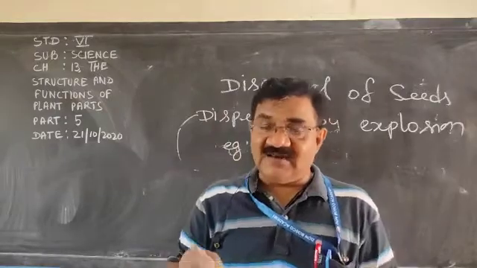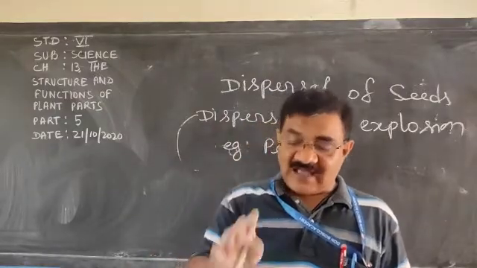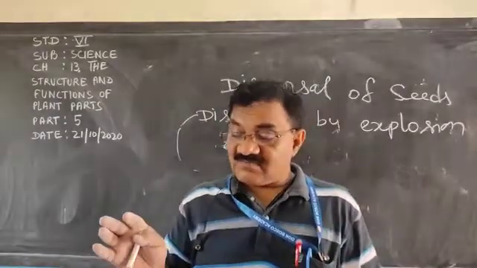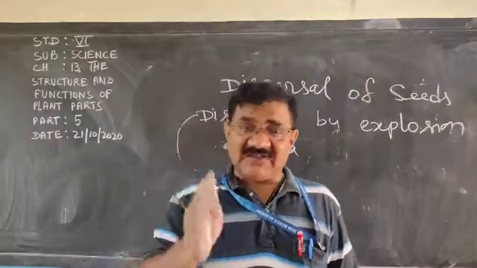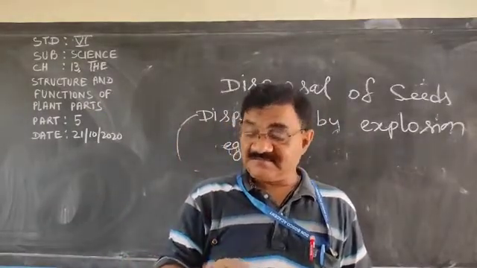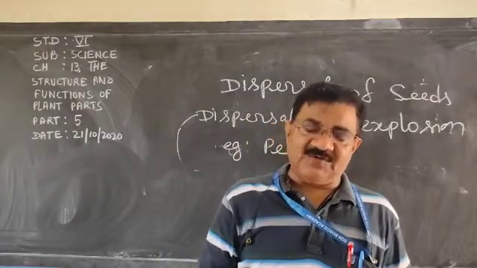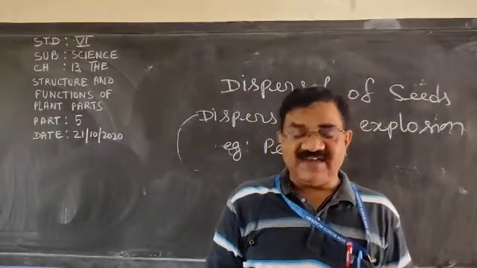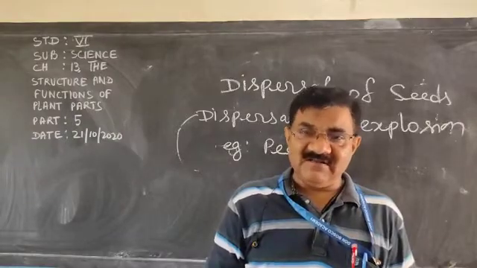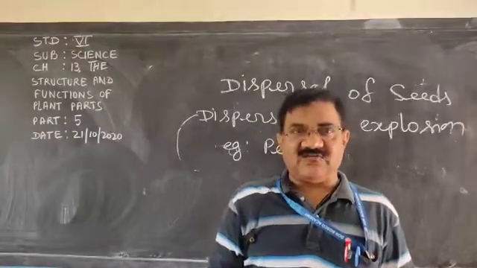By animals, must be fleshy, have hooks. Water dispersal requires the capacity to float, and some by explosion. So this way we have finished the chapter.